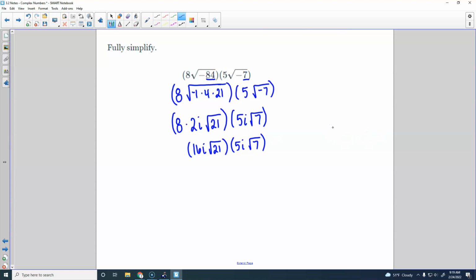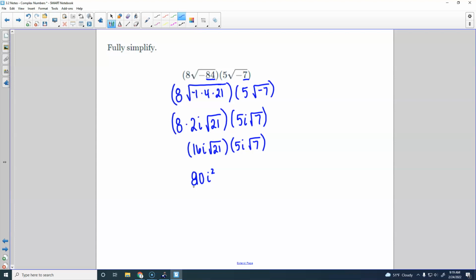So when you multiply this together, you're going to multiply the 16i times the 5i. 16 times 5 is going to give you 80. And then i times i is i squared. 80. Thank you. My multiplication's way off.